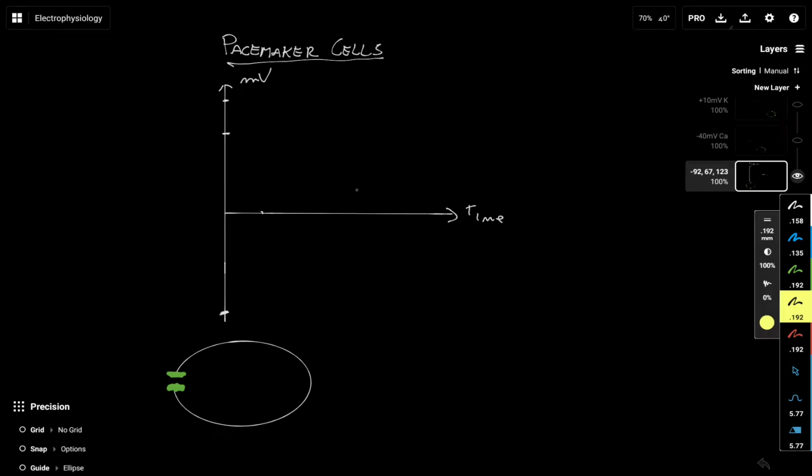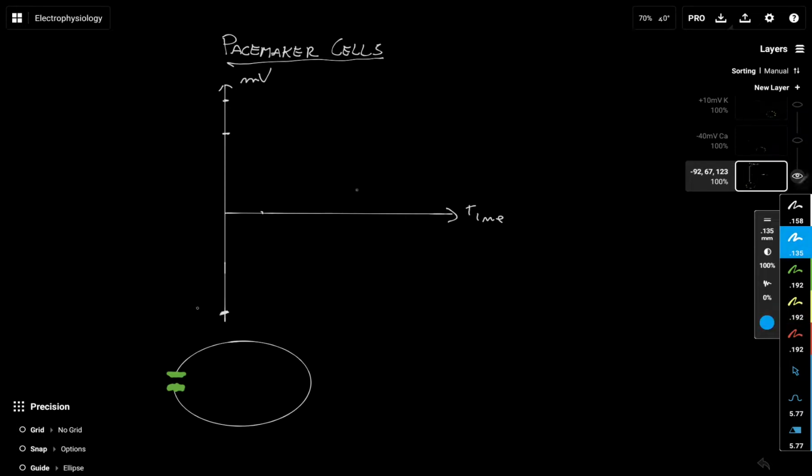But how is this action potential generated? I've got this graph here. On the y-axis is the voltage, in millivolts, and on the x-axis is time, roughly in milliseconds. At the bottom I have a little elliptical drawing representing one of my pacemaker cells. Let's start by putting some references on this graph.